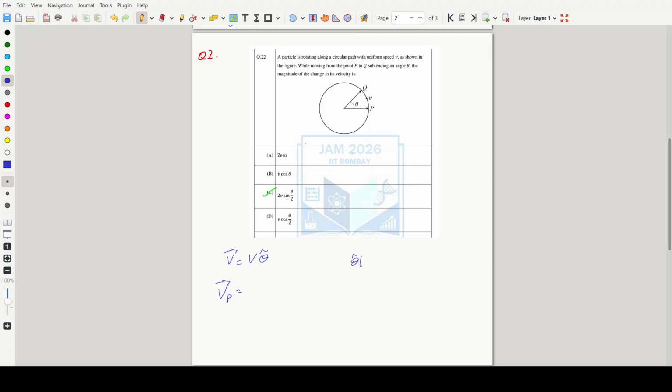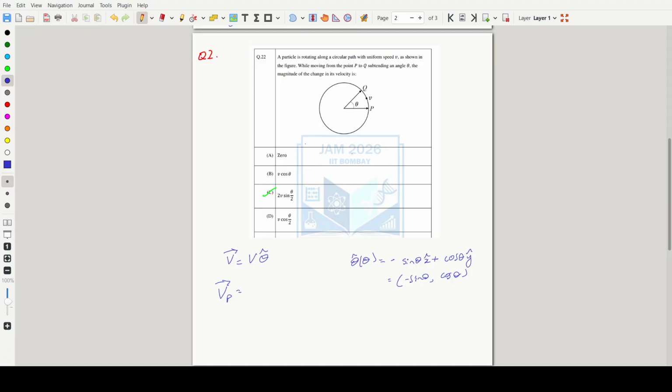Theta cap is actually a function of theta, and it is given by minus sine theta x cap plus cos theta y cap. It's a unit vector, so there wouldn't be any r. So its two components are this.